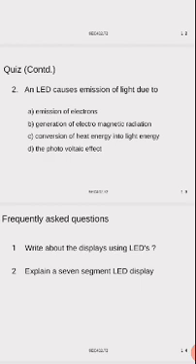Some materials give red color emission and some materials give green color emission. It depends on the material used, which we discussed in the last class already.